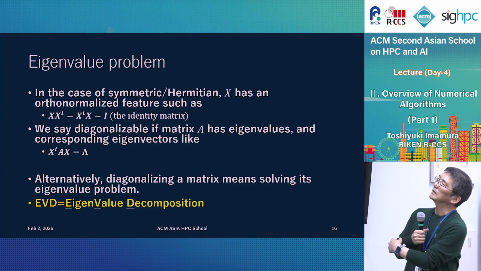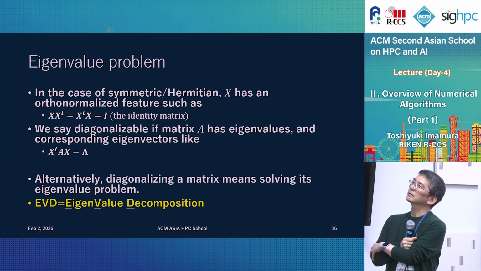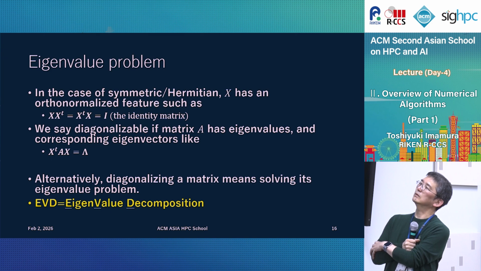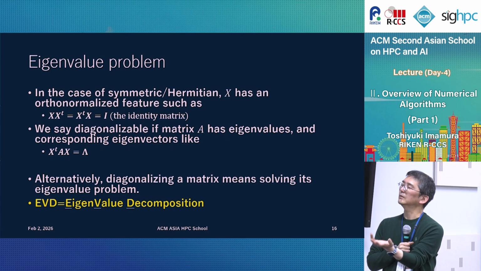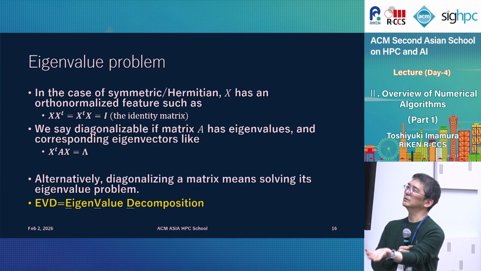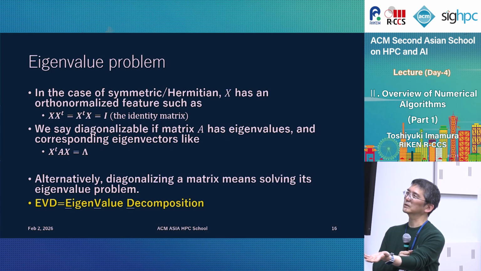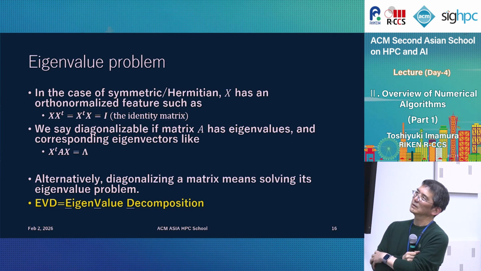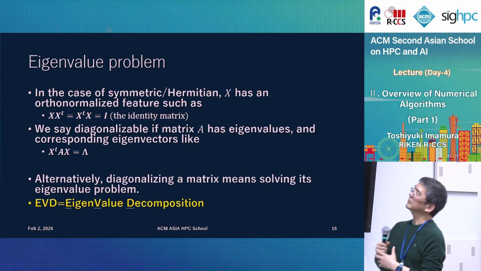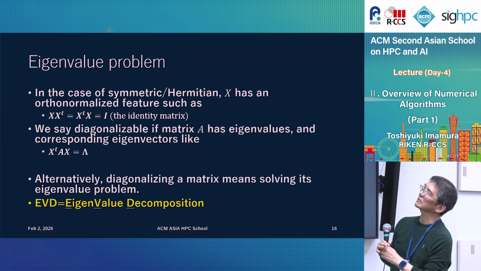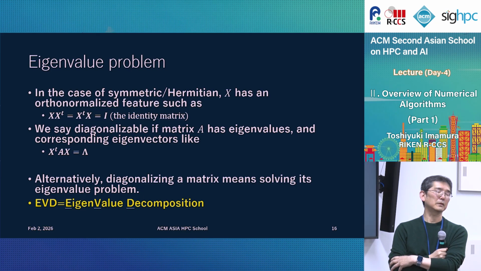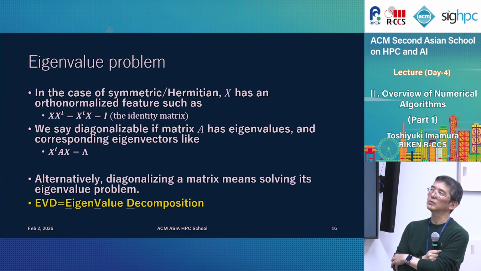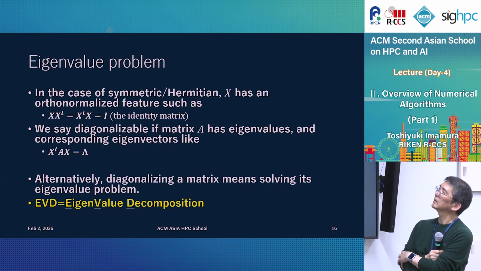Okay, now we have another very important feature of the eigenvectors, the matrix capital X. The capital X has a very significant normalization feature.